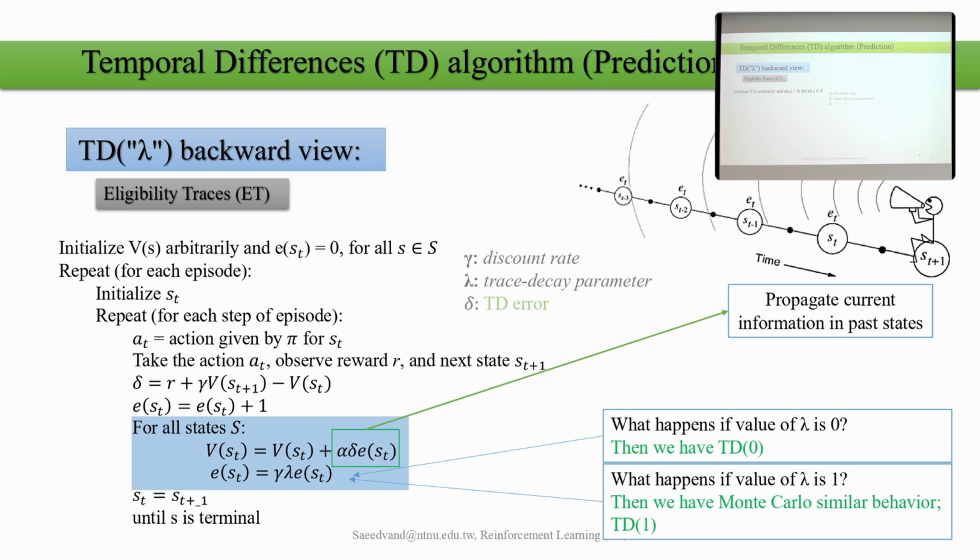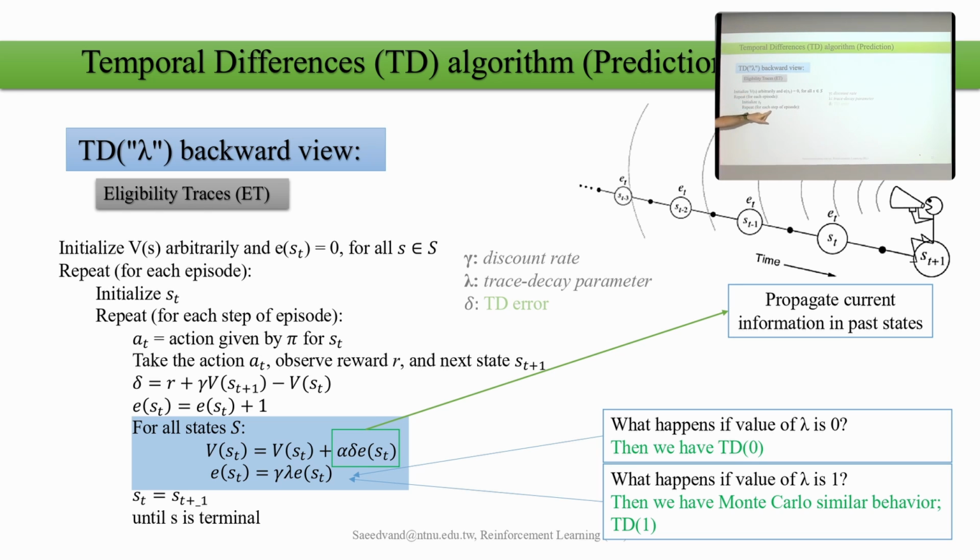So first we initialize the value arbitrarily, and the eligibility trace is 0 for all of the states. Then we repeat for each one of the episodes, initializing the state as the initial one.